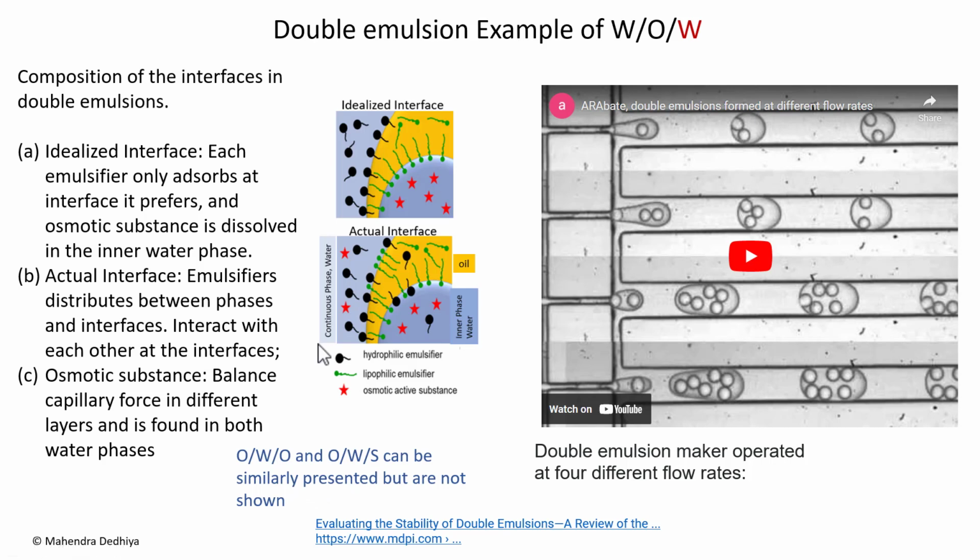Let's look at what double emulsion looks like. Double emulsion formed at a different rate, and you will see the rate of formation, higher rate and the slowest rate here. And you'll notice this is a double emulsion, this is a continuous phase.